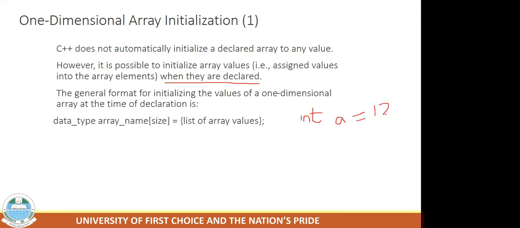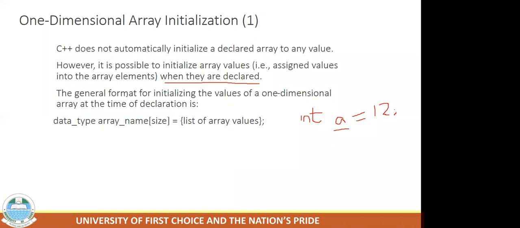What you're doing is declaring this variable to be of type integer, that is to say, the value this variable A will be storing will be a whole number. So you're declaring and initializing. So it's also possible that when you create an array, you initialize it.